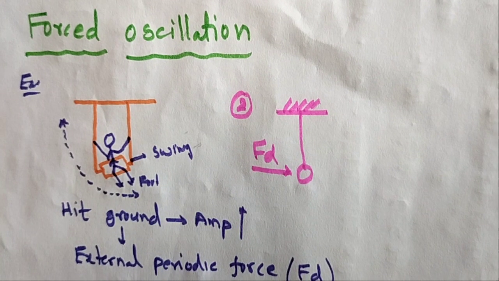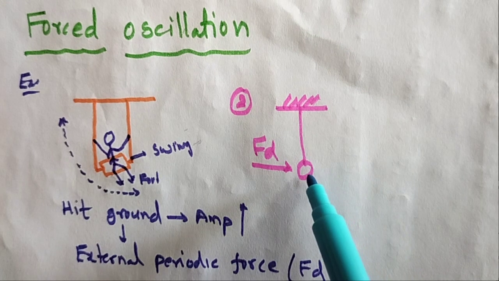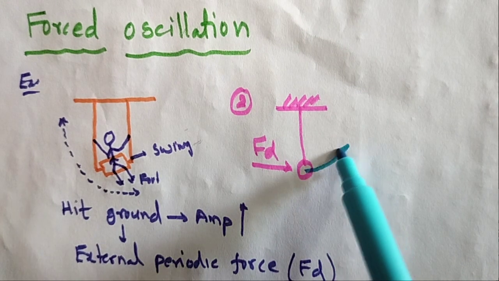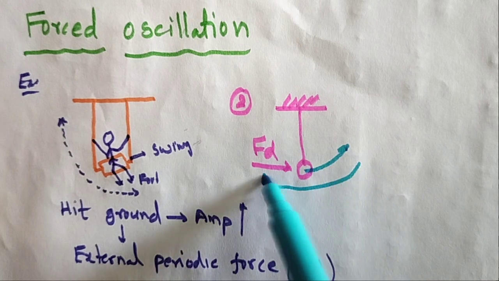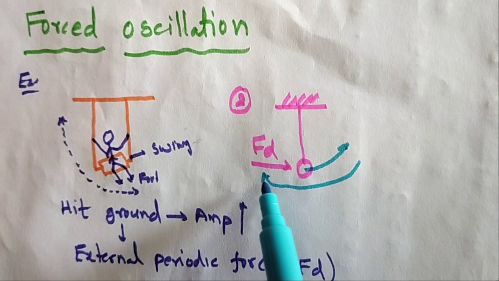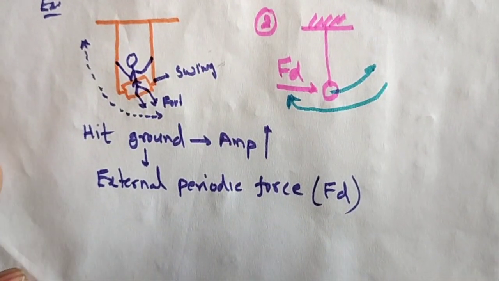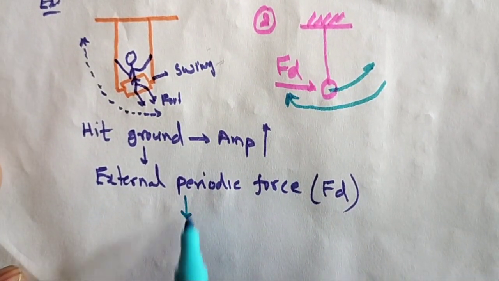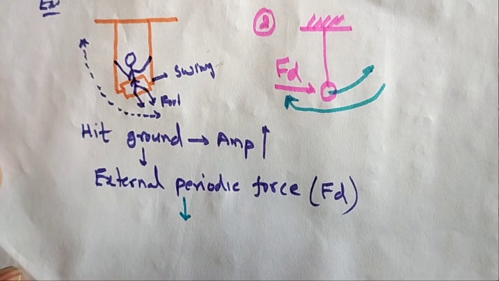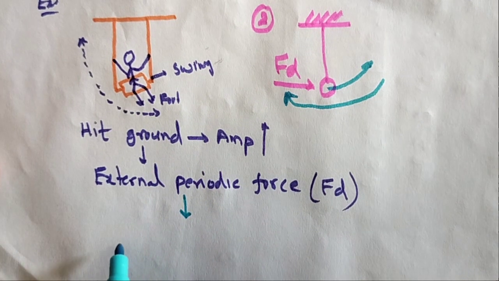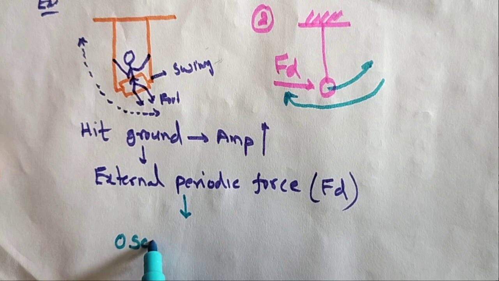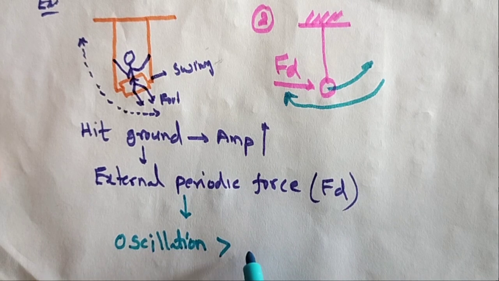When the external force FD is applied, what happens? This simple pendulum moves to and fro with some additional amplitude. What is your observation? When the external periodic force acts on the object, it oscillates at more than its natural frequency.